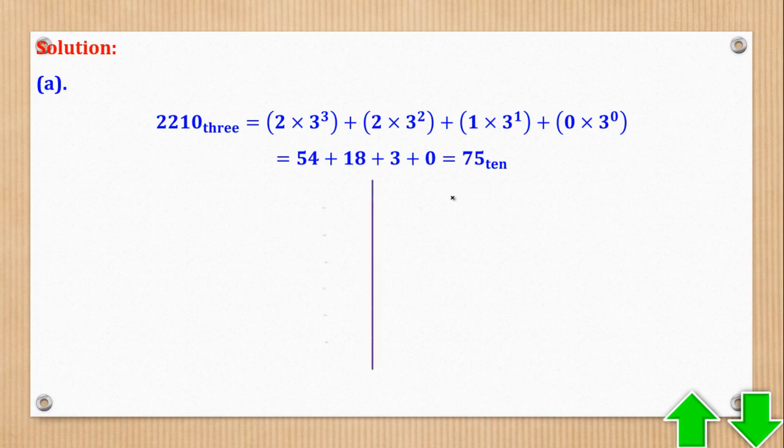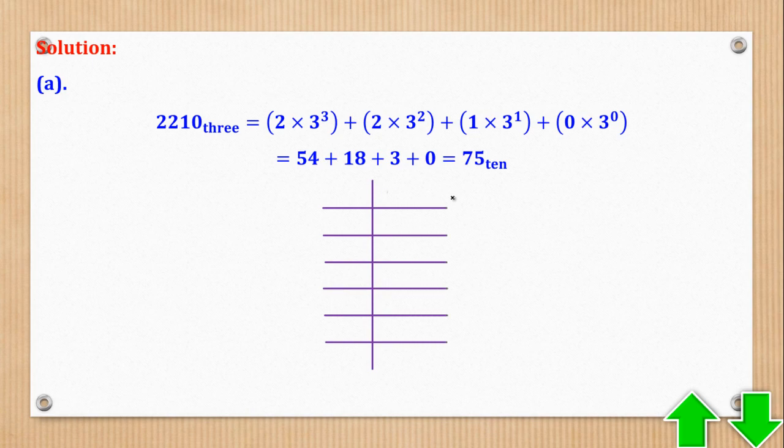Now we can convert to binary base. So 75 divided by 2 gives you 37 remainder 1. 37 divided by 2 gives you 18 remainder 1. 18 divided by 2 gives you 9 remainder 0. 9 divided by 2 gives you 4 remainder 1. 4 divided by 2 gives you 2 remainder 0. And 2 divided by 2 gives you 1 remainder 0.